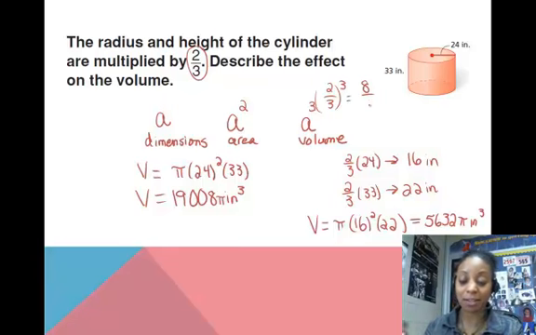Oh gosh, because 3 cubed is not 9, 3 cubed is 27. So if we do 19,008 times 8 divided by 27, we do get our 5632 pi.